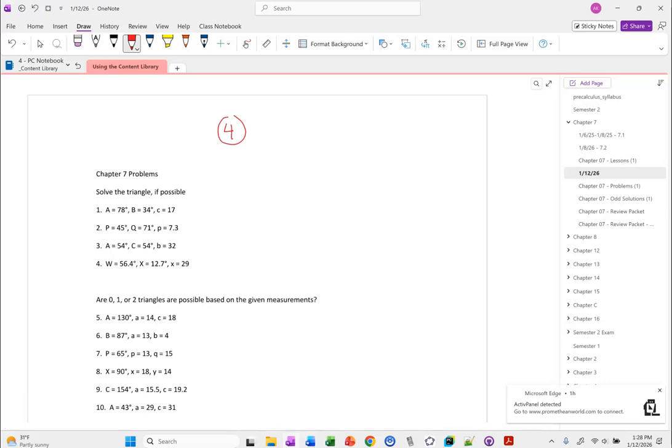So I would start by drawing and labeling a picture. W, X, Y are my angles. That's my triangle name. So the side opposite my angle W should be side W. The side opposite angle X should be side X. The side opposite angle Y should be side Y. And I'm going to add in my givens.